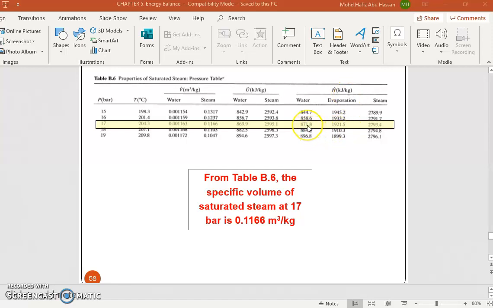Take the enthalpy for steam because the outlet is at steam condition. And also at this condition, we need to know the value of specific volume for steam, 0.1166, which is stated in this table.